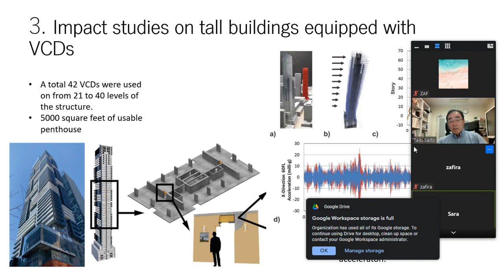We see that these buildings, the damped story drift, is efficiently reduced. This reduces the story drift and the acceleration.